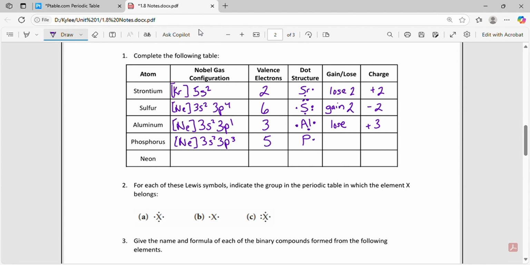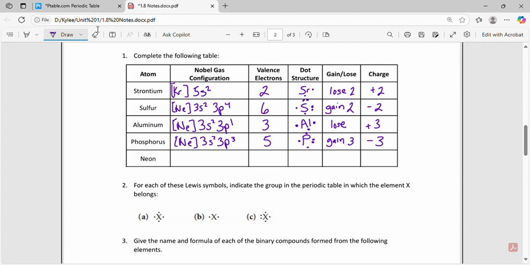So if we go 1, 2, 3, 4, and then you can double them up. This one is going to need to gain. And how many is it going to gain? It's going to gain 3 so that it gets a full octet. When you gain electrons, they are negative, so we get a negative charge.